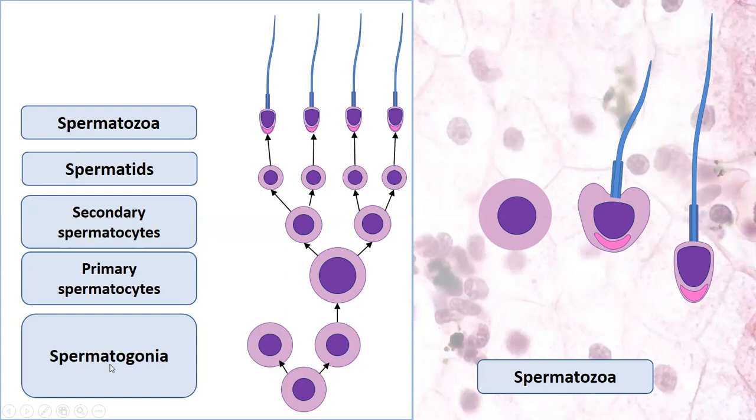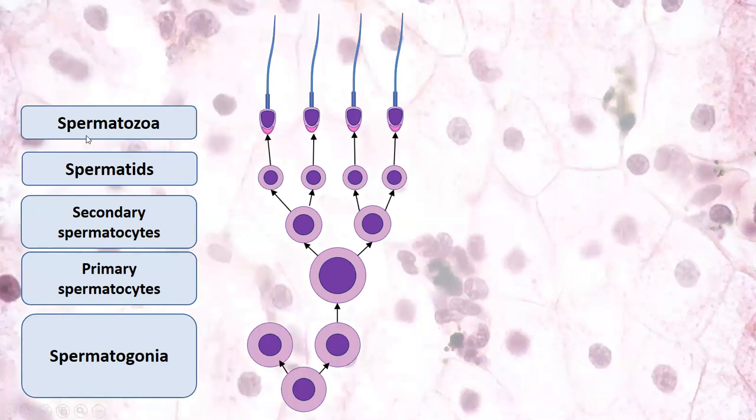So the stages of spermatogenic cells are spermatogonia, primary and secondary spermatocytes, spermatids, and spermatozoa. There are changes in the chromosome number in the karyotype of all those cells, because spermatozoa are haploid cells, they are gametes, and they are necessary for fertilization. They contain only half of the genetic material, and spermatogonia are similar in their karyotype to all somatic cells.